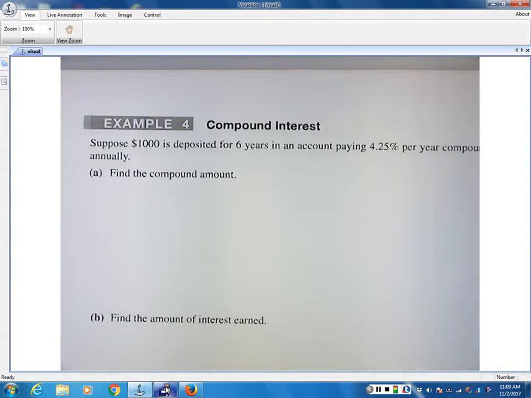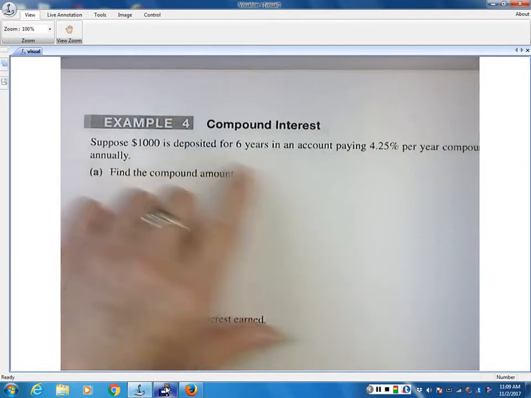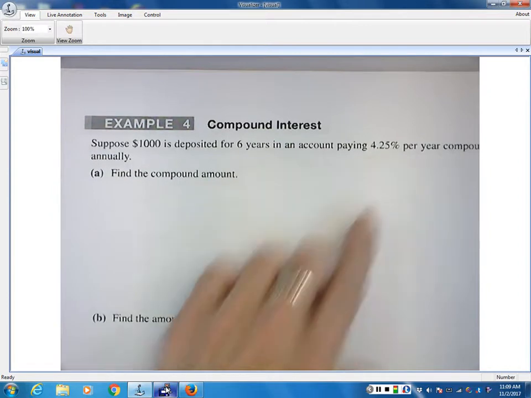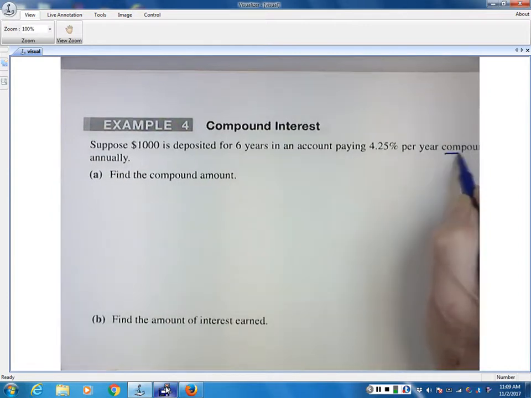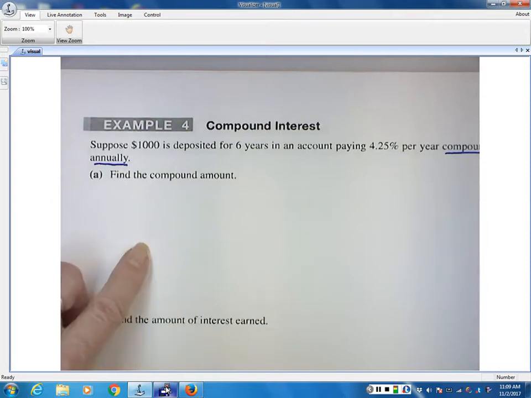It says, suppose that $1,000 is deposited for 6 years in an account that pays 4.25% per year, but it's going to be compounded annually. Compounded annually means once a year.